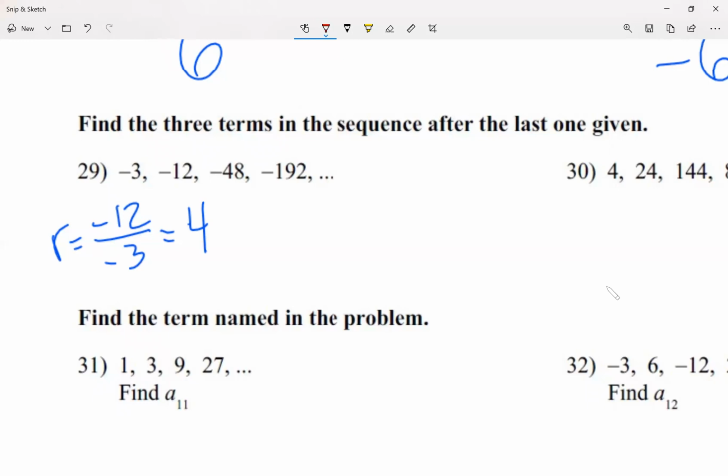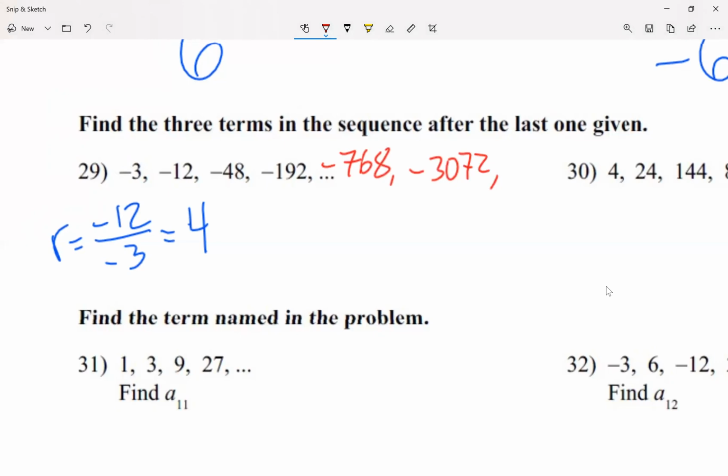Now, for my answer, to find the next 3 numbers, I have negative 192. I multiply that by 4 and it gives me negative 768. The next number, let me multiply this by 4, and it gives me negative 3,072.